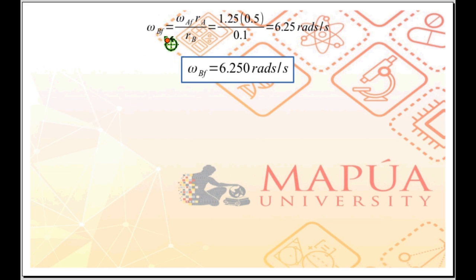Isolating omega B final, the final angular speed of disk B, we have omega A final RA divided by RB.